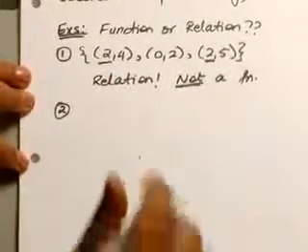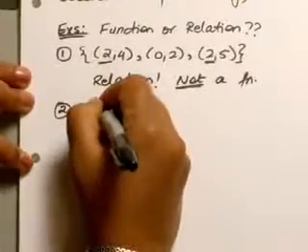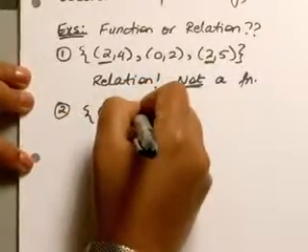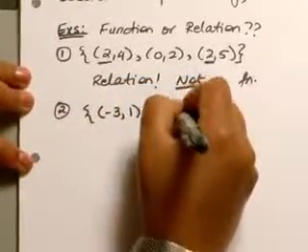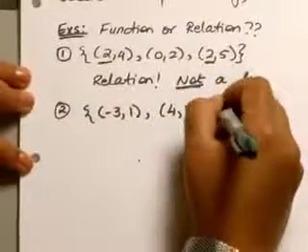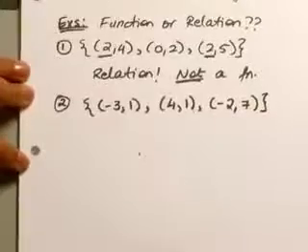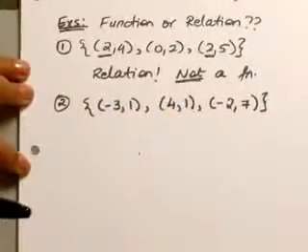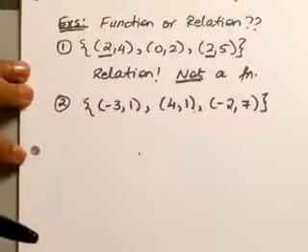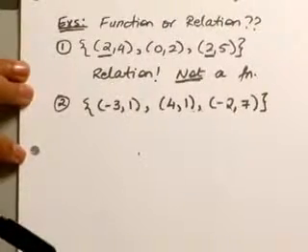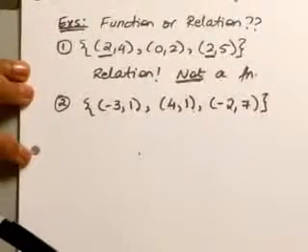All right, let's see if you can work with this second one. You have negative 3, 1, 4, 1, negative 2, 7. Now looking at each of these three ordered pairs in your set, what do you think? Should this be a relation, or can we classify this as a function?